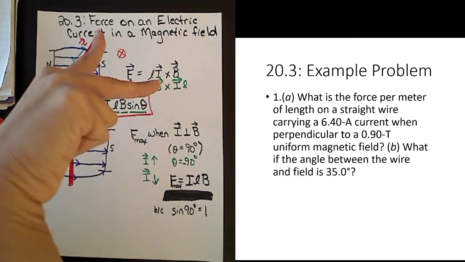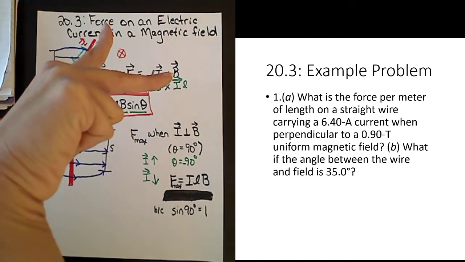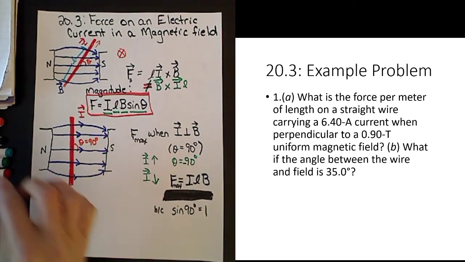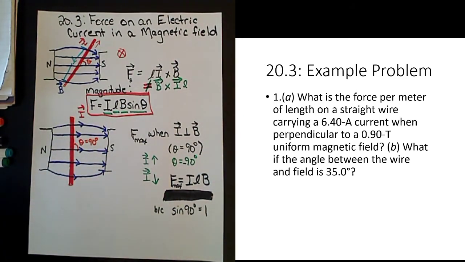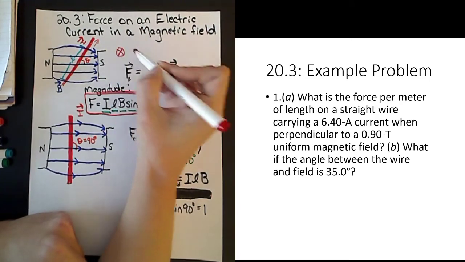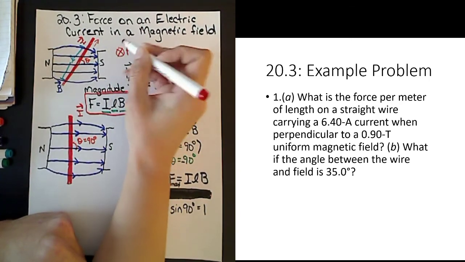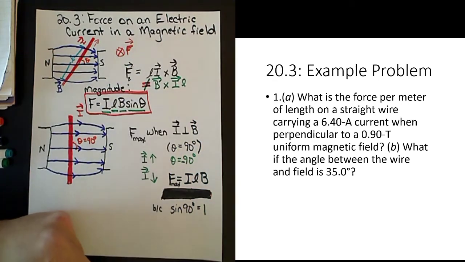To be able to do that, my thumb must be pointing down, right? So my resultant force is into the plane of the page, and we represent that by a circle with an X through it. Okay.